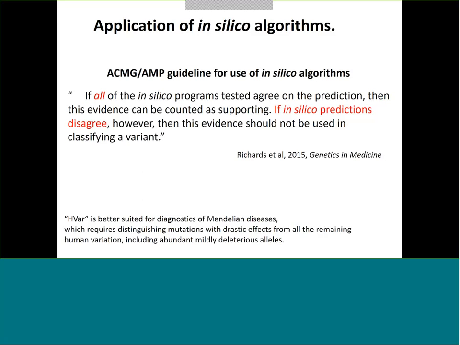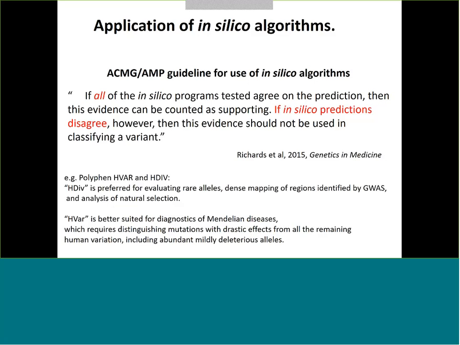For example, people use PolyPhen, but the guideline says nothing about which type of PolyPhen to use. There are two types of PolyPhen, HVAR and HDIV, which have different training sets.